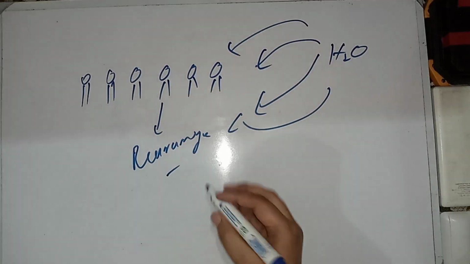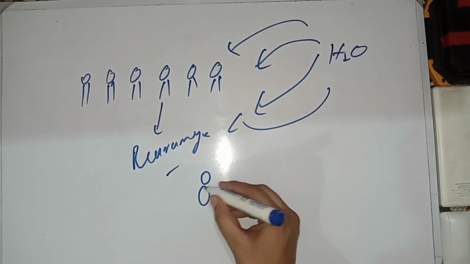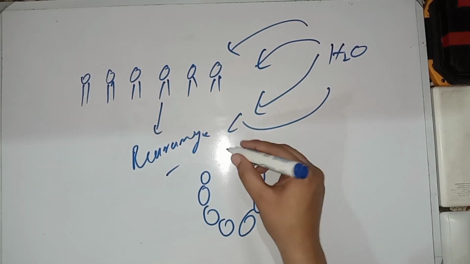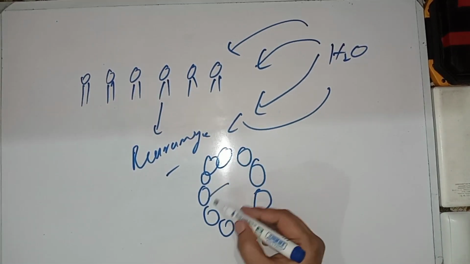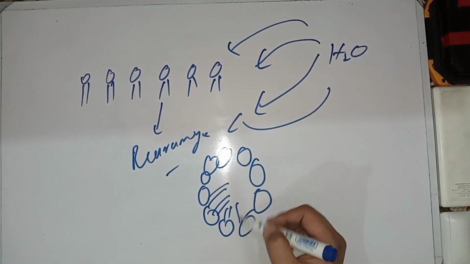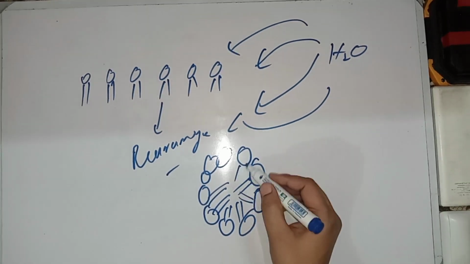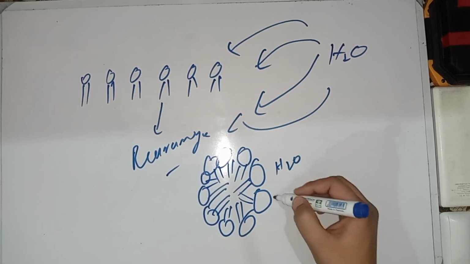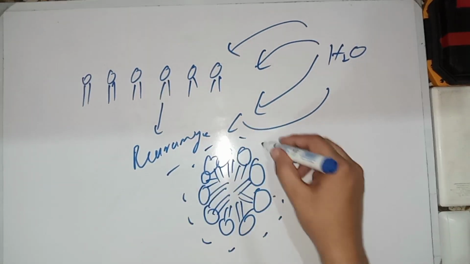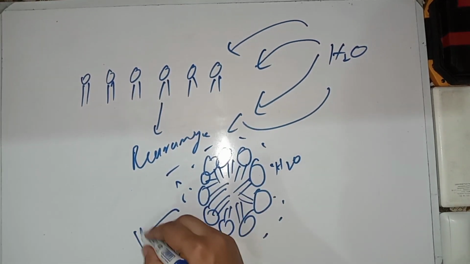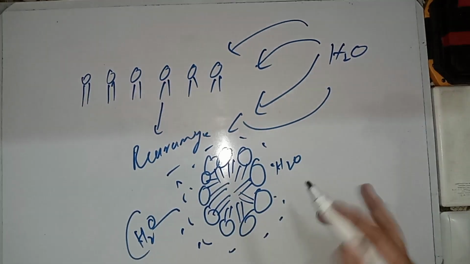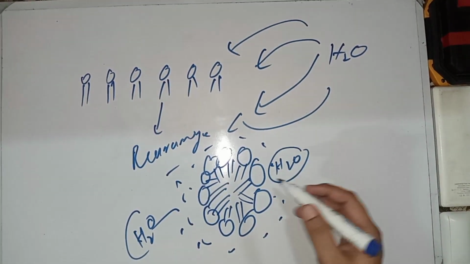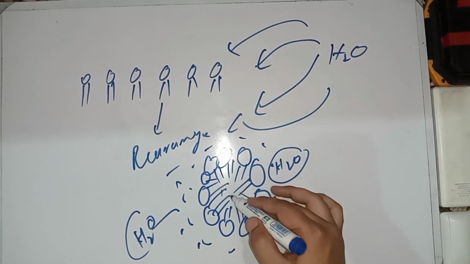They will attain a shape like this, and here will be water molecules. In this configuration, the polar heads are interacting with the water while the non-polar tails are away from the water.